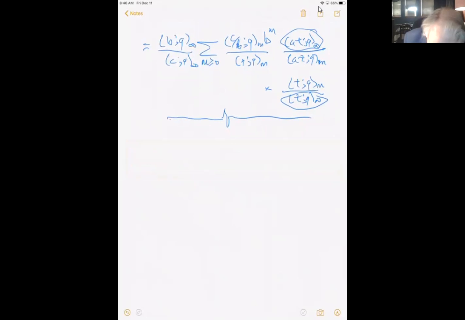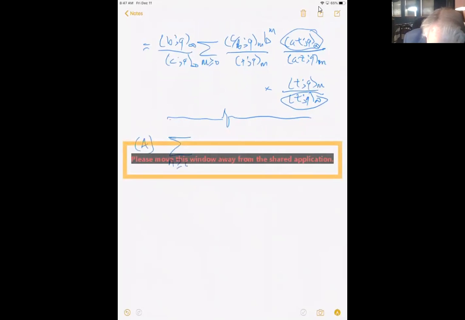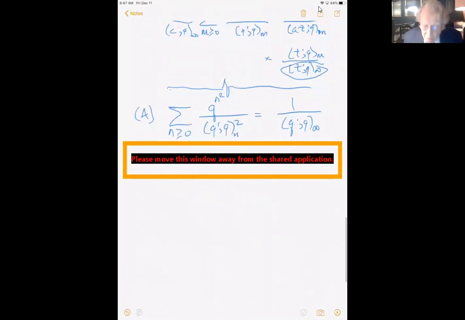And the first thing that he writes down, which he calls equation A, is this summation n greater than or equal to 0 of q to the n squared over (q;q)_n squared. And this is equal to the famous Euler infinite product, which generates the partition function.